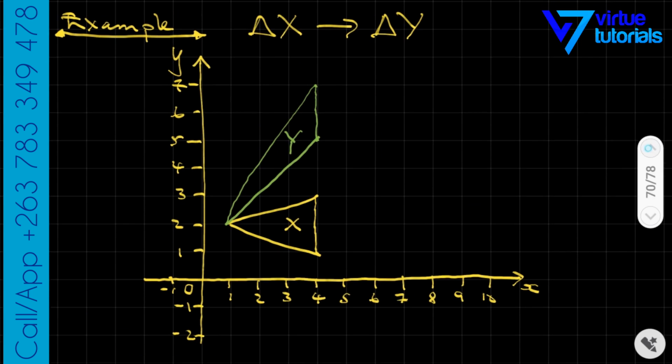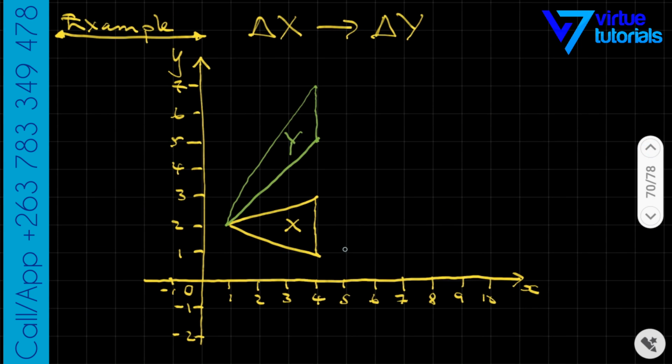Okay, let's have another example here. We have a shape which is triangle X mapped onto another shape which is triangle Y. That is our image. So now what we realize is that all these points here moved from this original shape to that new shape there. So if we look at this point here, it moved to that point there.